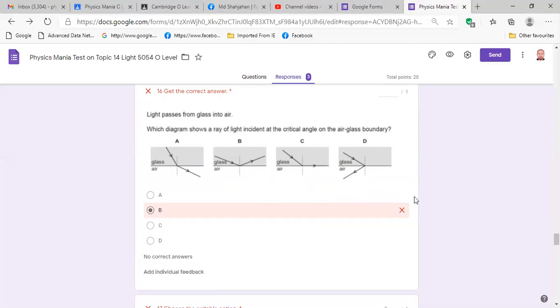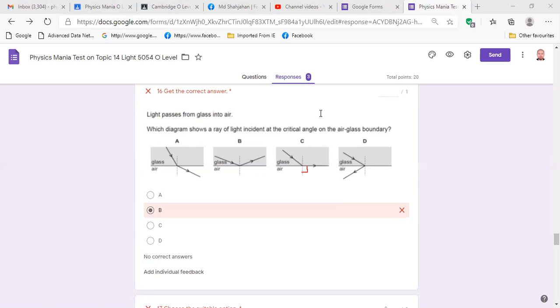Angle of refraction will be 90 degrees, right? Yes, sir. Monica, which one is showing the angle of refraction? This one, right? C. Isn't it? 90 degrees. Yes, sir. So at critical angle, the angle of refraction should be 90 degrees.